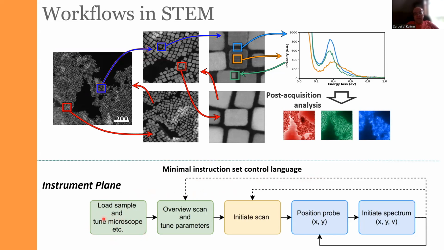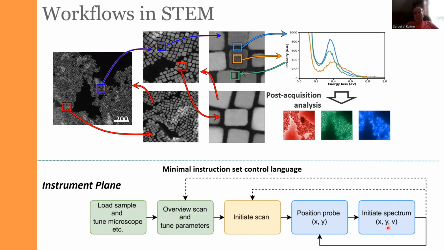But ideally, the machine learning agent should be able to initiate the tuning of the microscope. So the machine learning agent should be able to issue the command to perform the overview scan and tune the parameters. So it should be able to issue the command to zoom in and position the probe at the selected locations and initiate the spectrum acquisition.